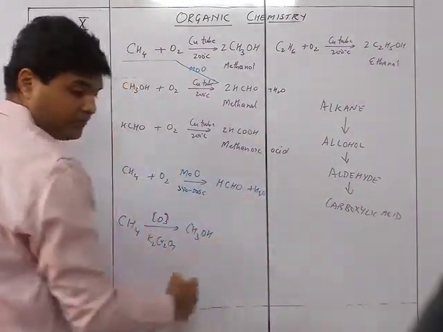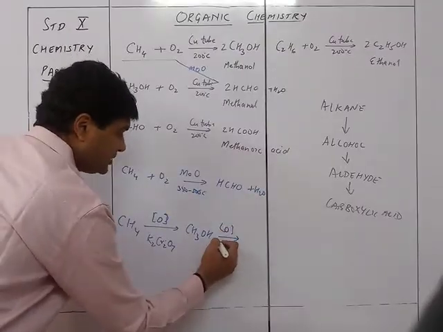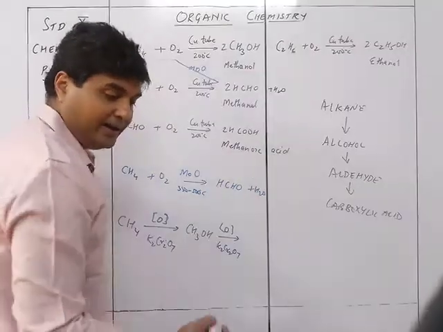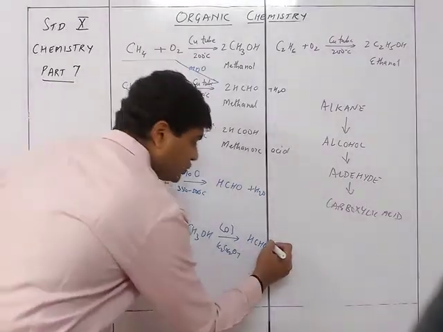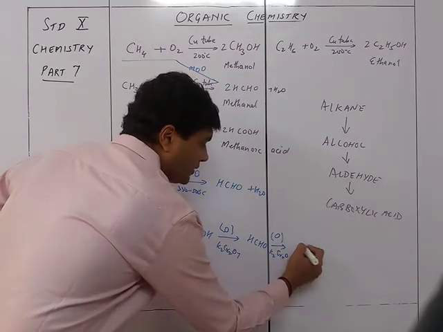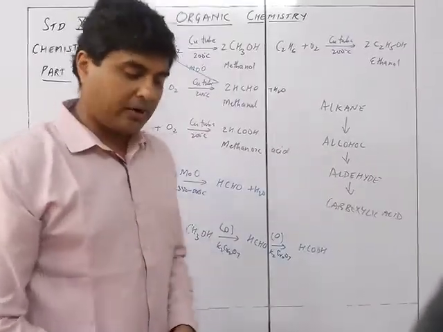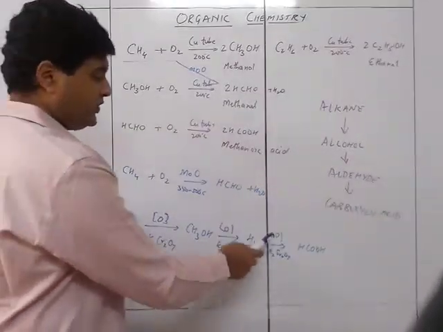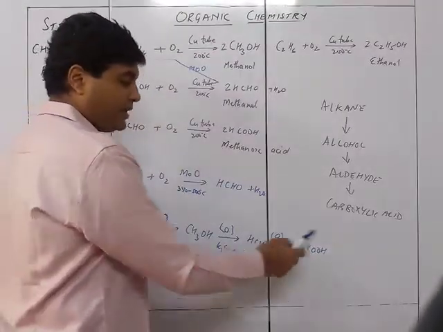The next step is that the alcohol reacts again under the same conditions with K2Cr2O7 to give an aldehyde, HCHO. And HCHO, when it reacts with O and K2Cr2O7, gives HCOOH, which is methanoic acid. The same goes for ethane: ethane to ethanol, ethanol to ethanal, ethanal to ethanoic acid. Methane to methanol, methanol to methanal, methanal to methanoic acid.